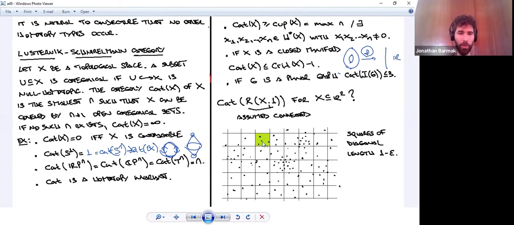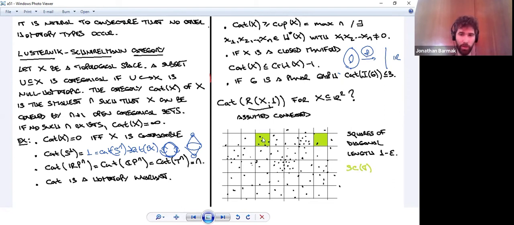So if we take all the points inside this square, this will be a simplex in the Vietoris-Rips complex. So we can consider the star cluster of such a simplex. This will be a contractible subcomplex of R. Good. Now, if we consider another square which is at distance 4 in terms of squares, so I move 4 squares to the right, I have another simplex.